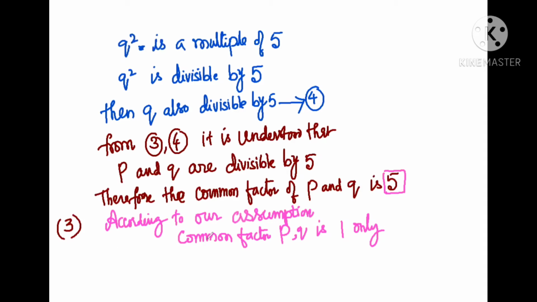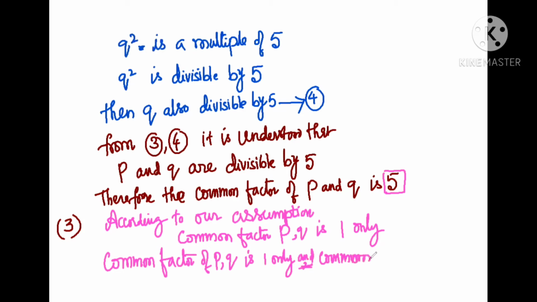Let us write the two statements together and think about them. Common factor of p and q is 1 only, and we got the result that the common factor of p and q is 5.